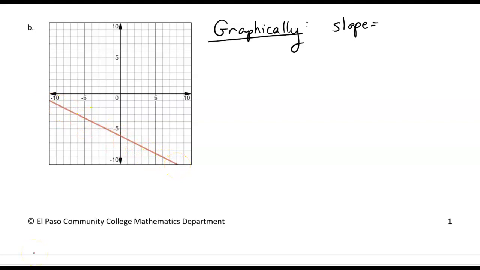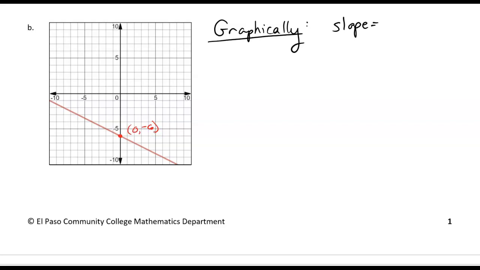I'm looking for two points that are easily measurable. I'm picking one along my y-axis, and to write my ordered pair, that looks to be 0, -6, just so we have that information for later.